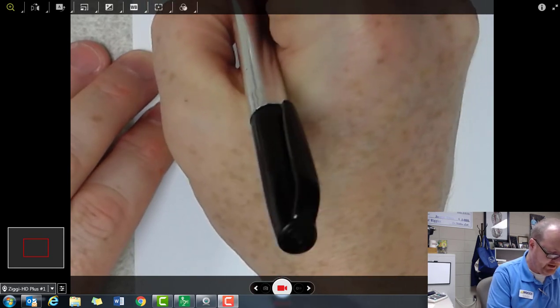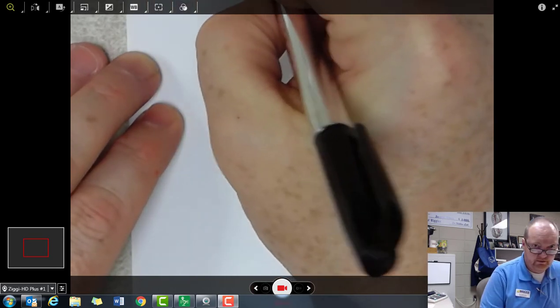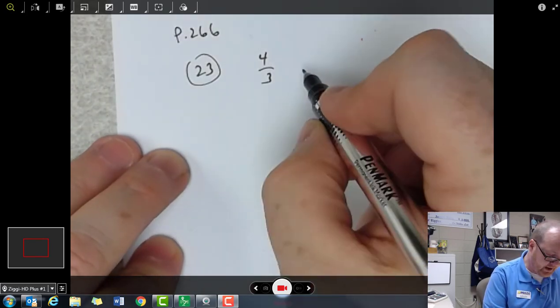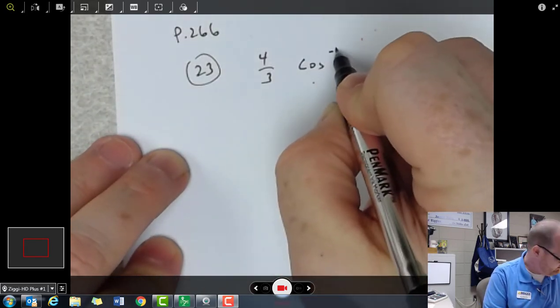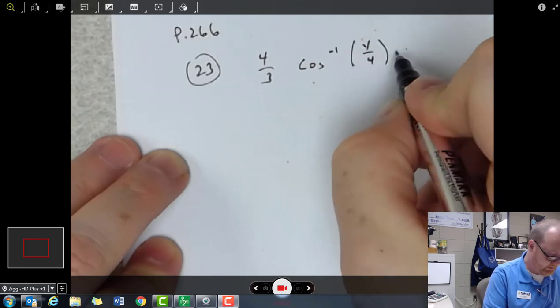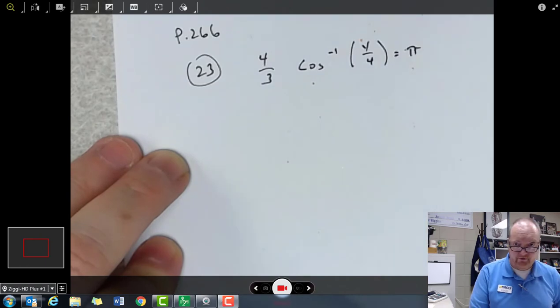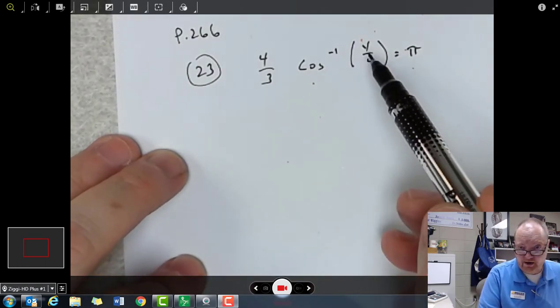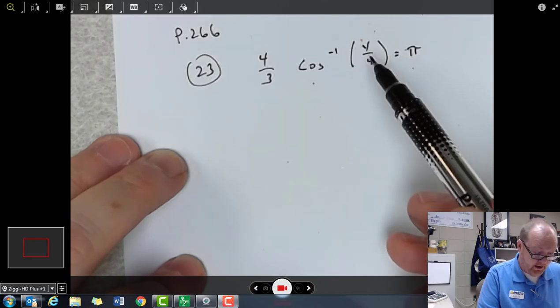Number 23. 23 says 4/3 inverse cosine of y over 4 equal to pi. So I'm trying to solve this and trying to solve for the unknown. The only unknown in this problem is the y.